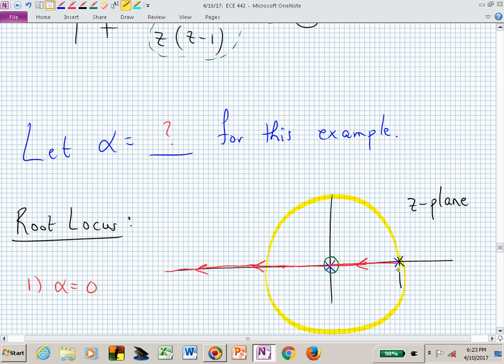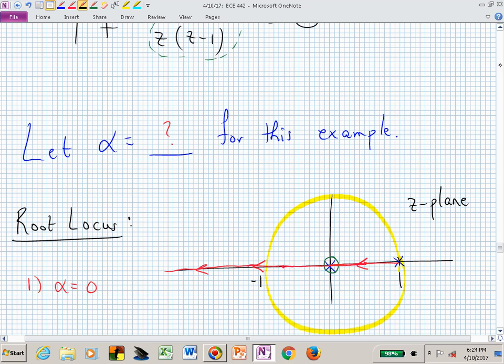And where do you want? You're now looking at the location of these red branches relative to the unit circle that's trying to be that yellow highlight. Which means I could actually crank up the gain k to put me to that location.